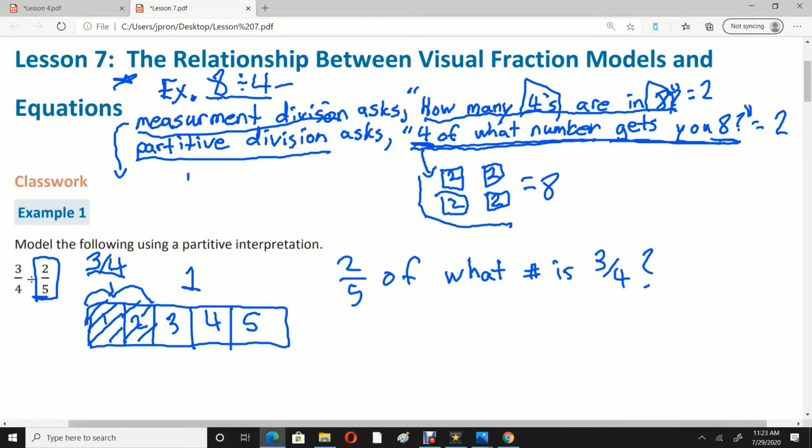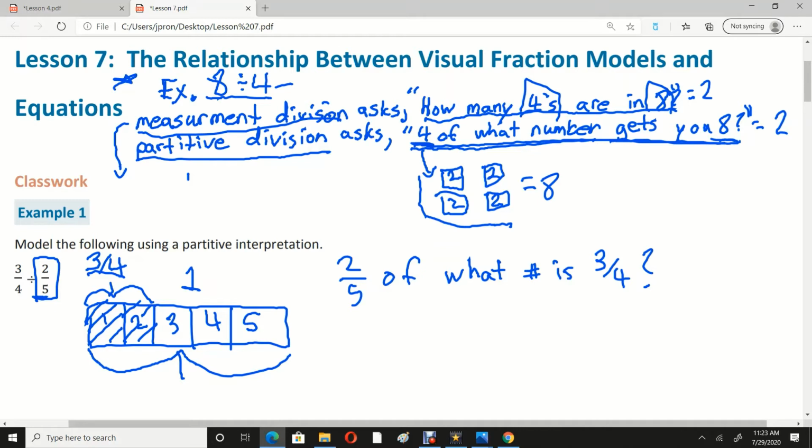So what we really want to find out now that we know that 2/5 of this whole represents 3/4 value, we want to find the value of the whole, right? So we know that 2/5 equals 3/4.